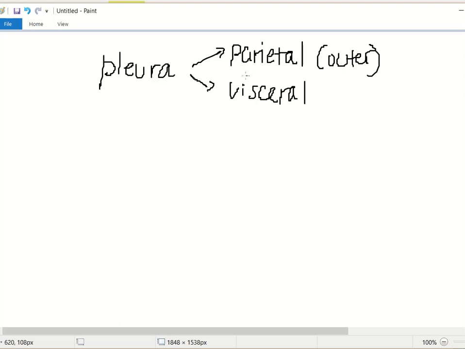In between, you're going to have fluid that provides lubrication. I would just know that this one is the one that's on lung tissue, and this one is closer to the organs surrounding the pleural cavity and the lungs.